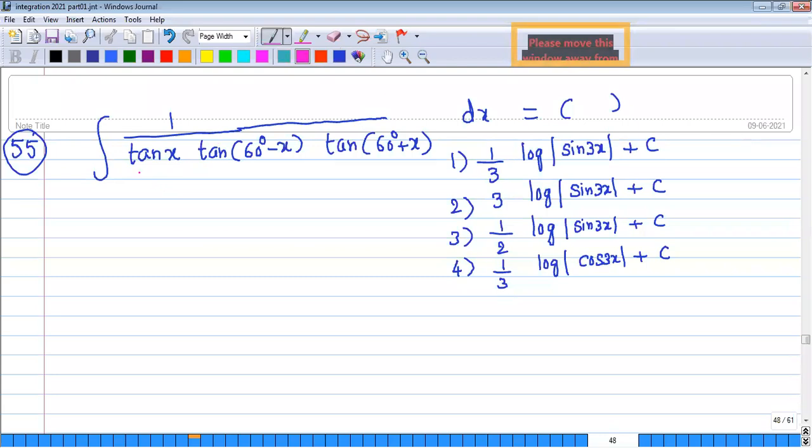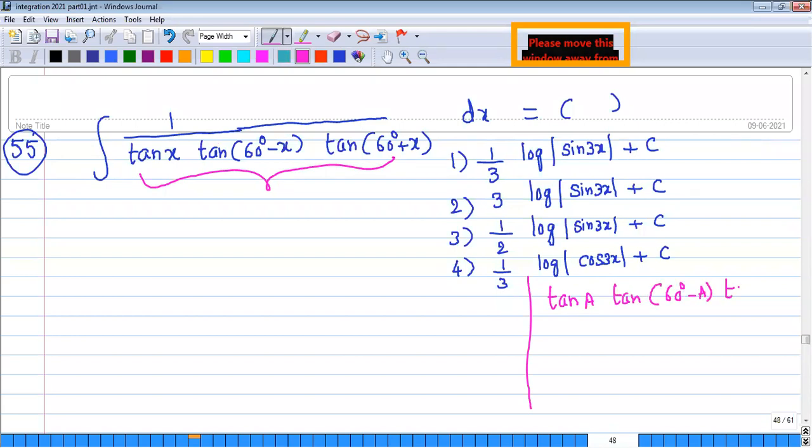See, this is from trigonometry, multiple and submultiple chapter. We have the formula tan a tan of 60 degrees minus a tan of 60 degrees plus a, this is tan 3a. This is a formula.